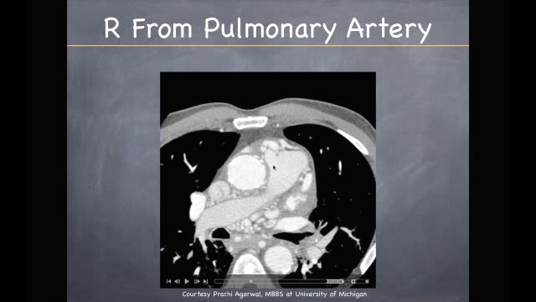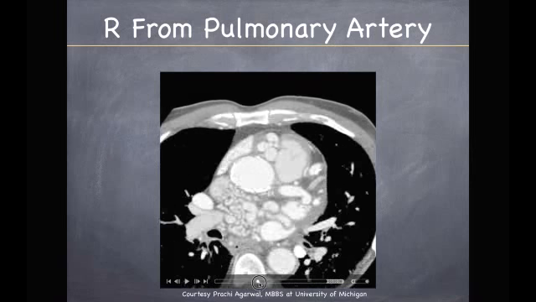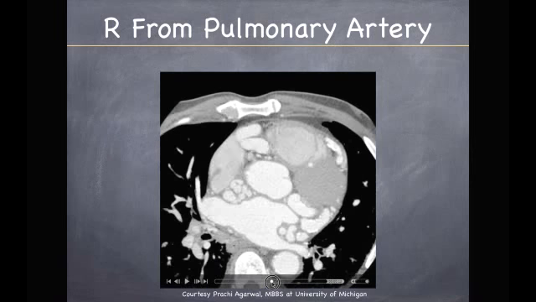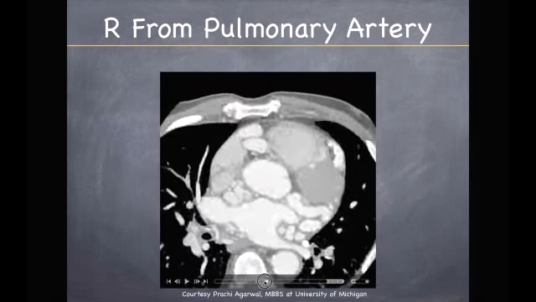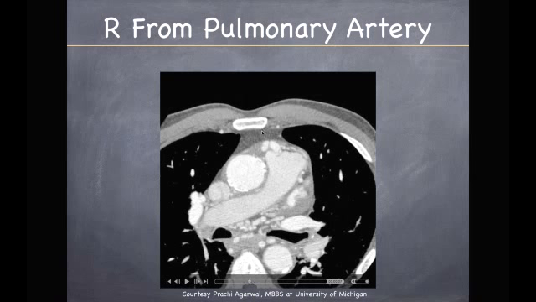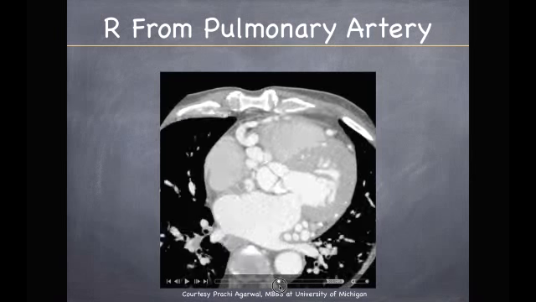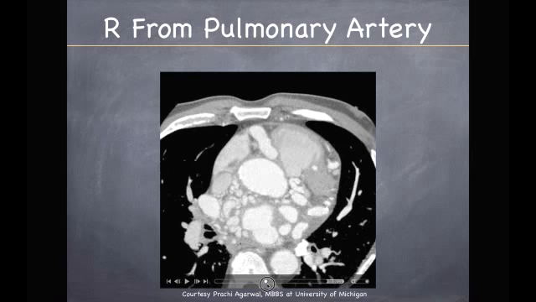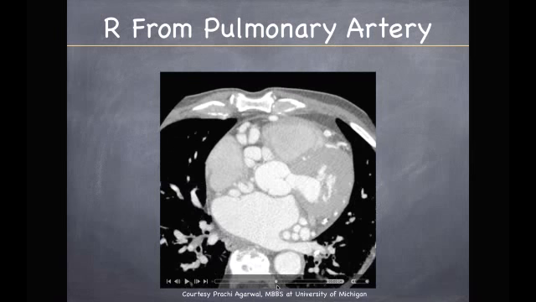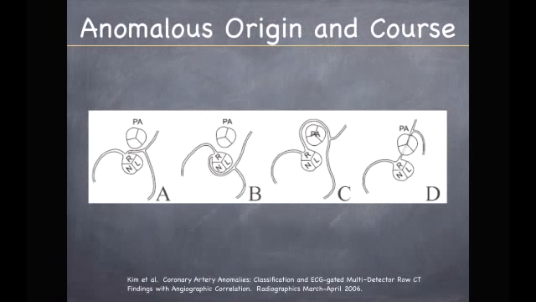And you can see here, the right coronary artery was joining up with the pulmonary artery. There was no right coronary artery when you scroll down through that attaches to the aorta. Again, blood is going to flow through the coronary artery in a retrograde fashion in the right coronary artery to join the pulmonary artery. So again, we're going to have coronary steal, and the patient had lived so long and compensated. That's why we have these huge dilated collaterals.